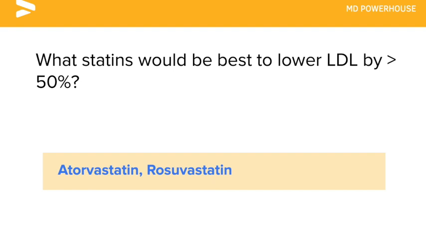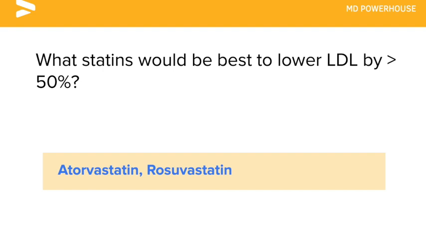So you can also quarter these doses to convert them to medium intensity statins. For example, atorvastatin is a high-intensity statin when its dose is 40 to 80 milligrams. However, at 10 milligrams of atorvastatin, it will be considered a medium-intensity statin.